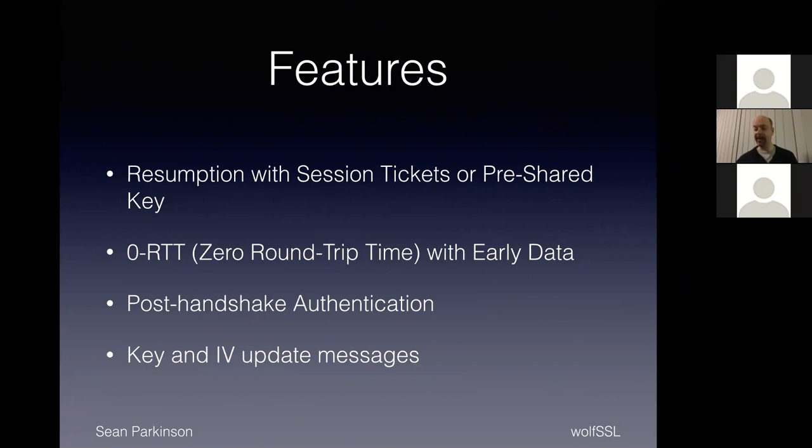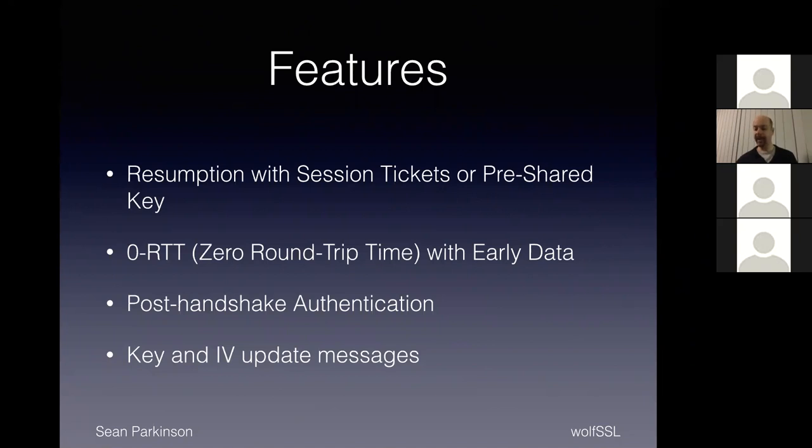There are security issues with this feature though, and this is why there's been much argument in the working group about whether it should be included or not. As the same key and IV are used each time, there is no forward secrecy. And there is the risk of a replay attack. If the same key is being used to encrypt the data, then replaying the same early data will mean that it will decrypt fine. So you need to be careful about this.